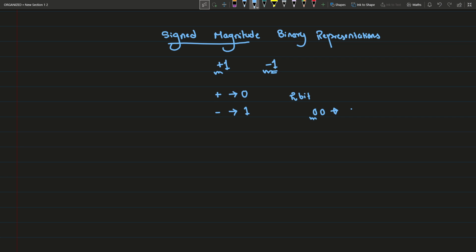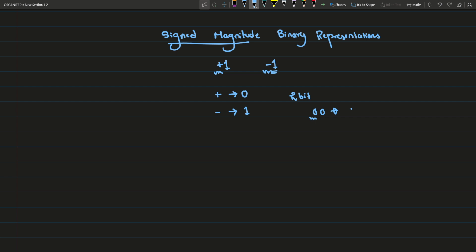So to generalize, if I have an n-bit number, I can represent from minus (2 to the power n minus 1, minus 1) to plus (2 to the power n minus 1, minus 1). In our above case, we had taken just 2 bits, so n becomes 2.